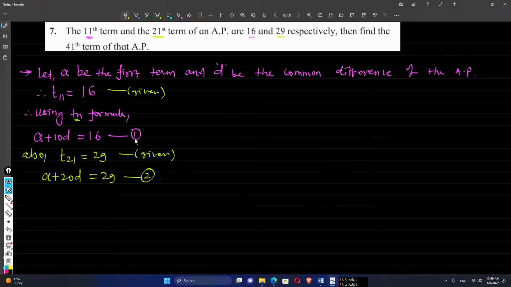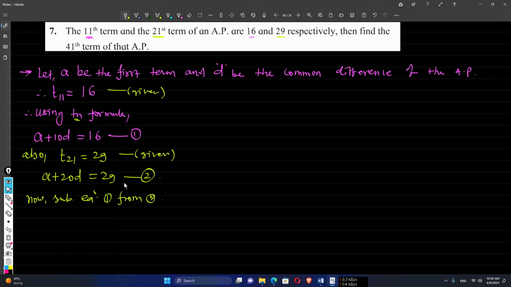Now, if we subtract the first equation from the second, we can cancel out the term A and find the value of the common difference, that is D's value. So we are going to write here now, subtract equation 1 from equation 2.